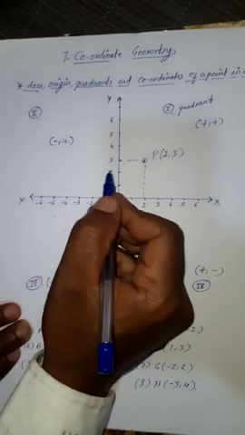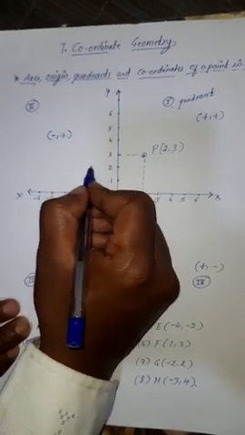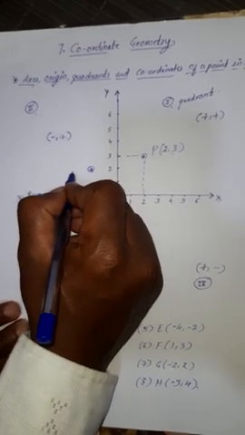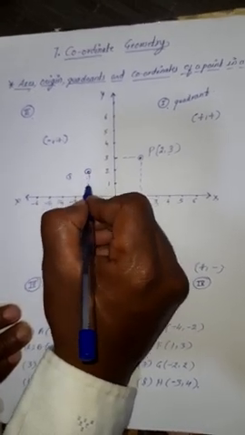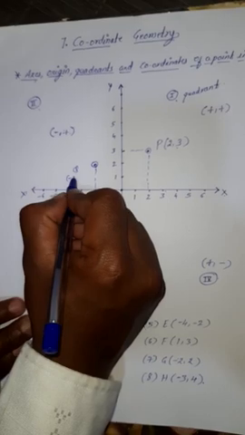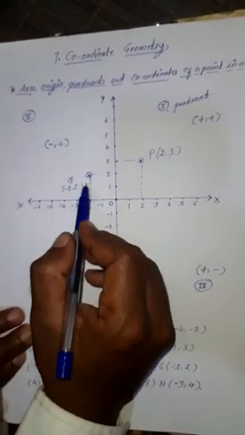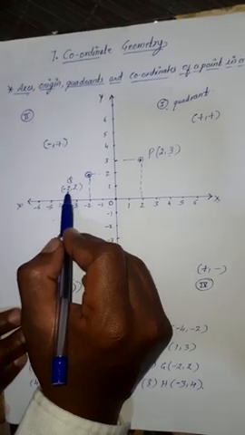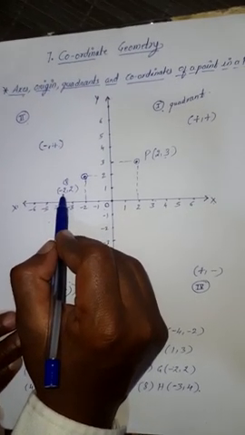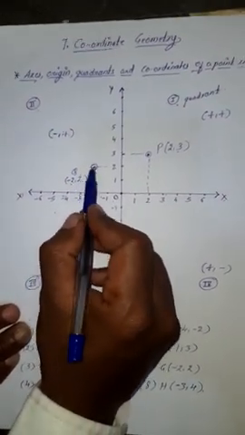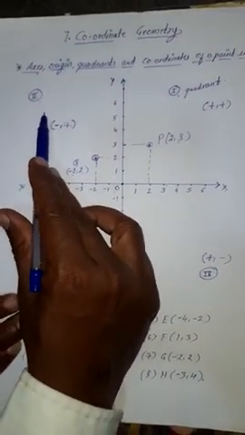Now in the fourth one, x is positive and y is negative, so when a point has a positive x coordinate and a negative y coordinate, that point will lie in the fourth quadrant. For example, let me take one more point Q. What is the x coordinate here? The x coordinate is negative 2 and the y coordinate is 2. It means when the x coordinate is negative and the y coordinate is positive, this point lies in the second quadrant.